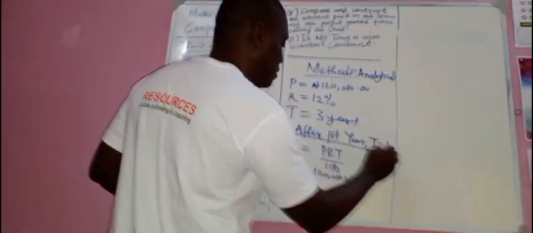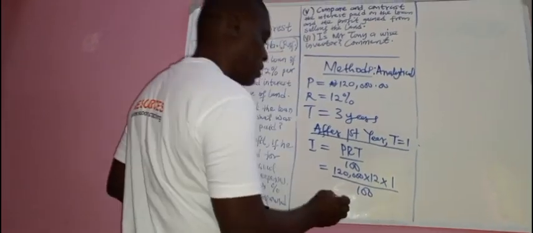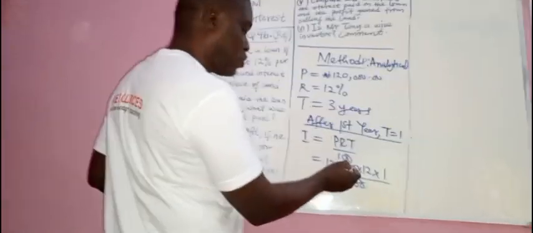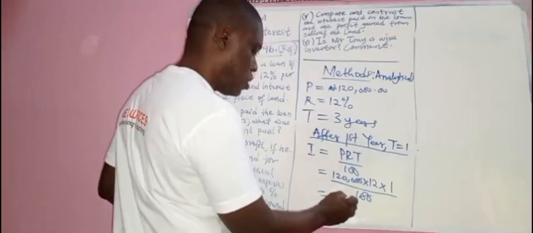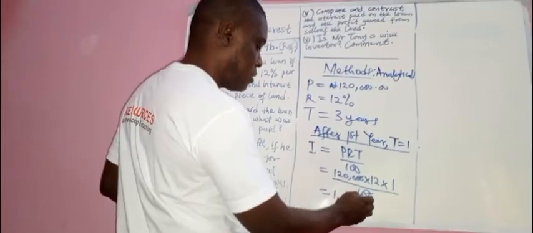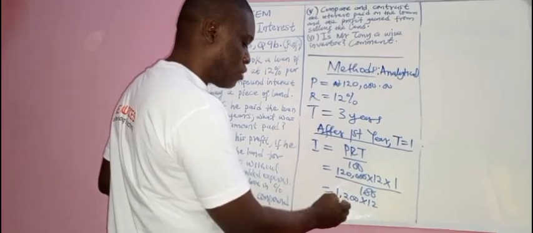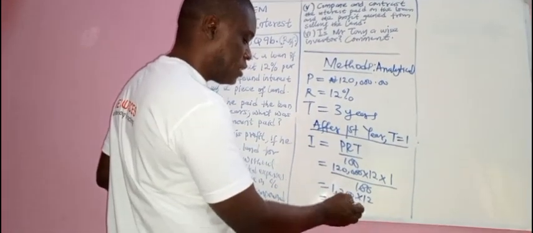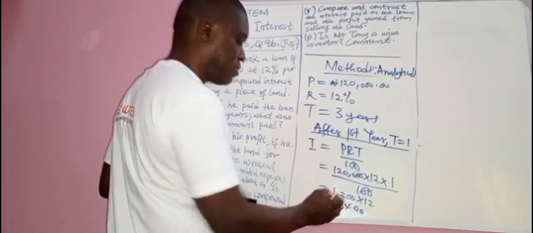Let's underline this. Okay, that's 1 year. Divided by 100. Now this 20 cancels this 20 here. So what I have left is 1,200 times 12. Now look at this. 12 times 12, that's 144. Then you add the zeros. Do you understand? 14,400 naira. That's the interest.